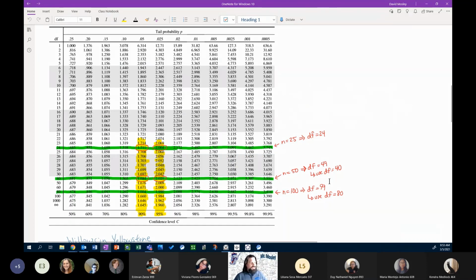Now, when n equals 100, obviously that's going to create the smallest standard error. However, because we're simply making the blanket statement of n equaling 100 for any confidence level, that statement is not always true.